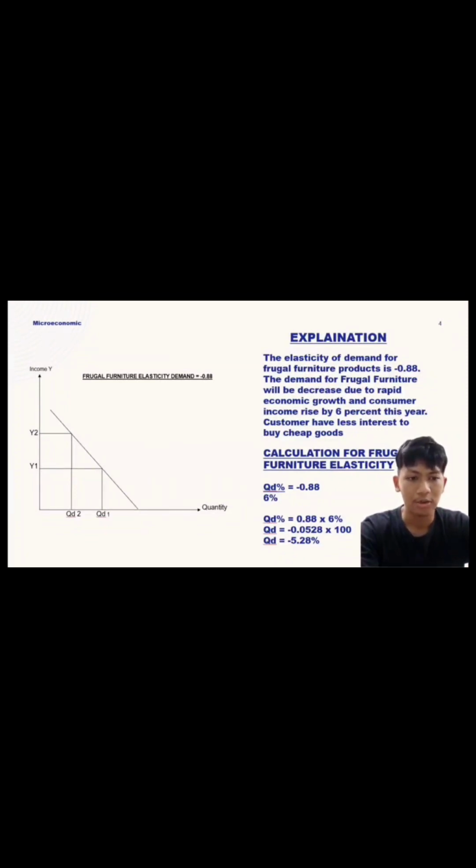Customers have less interest to buy cheap goods. So the calculation for fragile furniture elasticity is quantity demand percent is equal to negative 0.88 times 6%, and quantity demand is negative 0.0528 times 100, and you will get negative 5.28%.